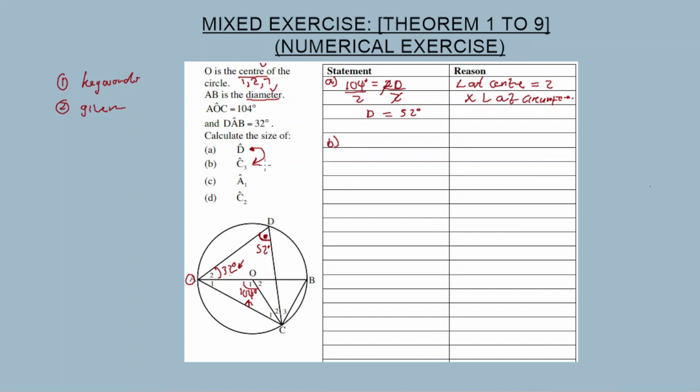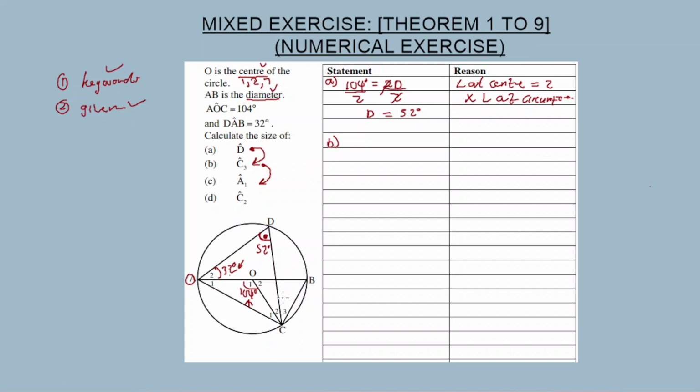The same thing applies with C3: C3 will help you calculate A1, as well as D will also help you calculate A1. But do not limit yourself only to D and C3. Also check 104 as well as 32. That's the logic here: keywords, given information. When calculating the unknown, you must ask yourself how can I use the given to calculate the unknown.